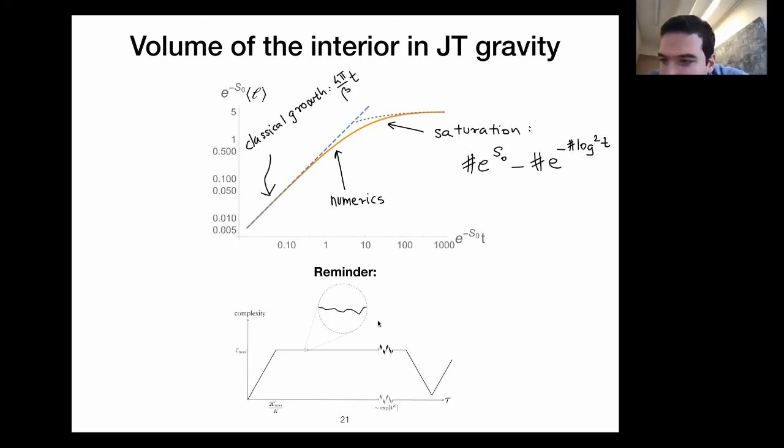Why does it go down after the plateau there? Yeah, so this is a Poincare recurrence. I should probably not put it on the figure because I haven't talked about it.